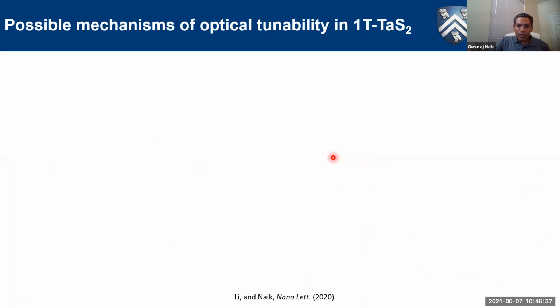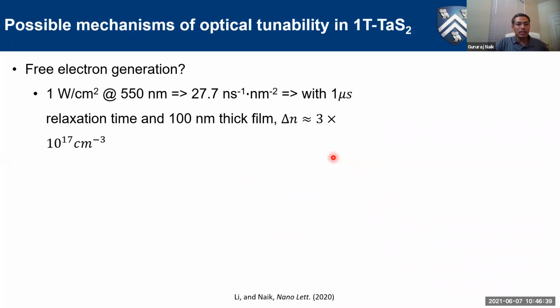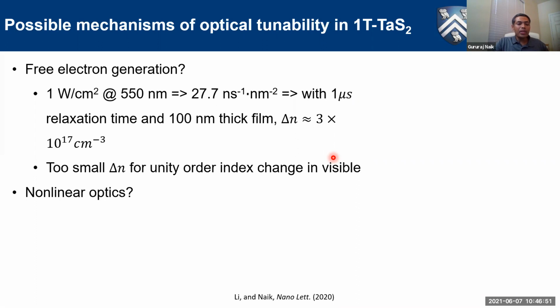Okay, so what we figured out in this process was that the mechanism of optical tunability cannot be free electron generation. We just have too low intensity with white light to cause so much change in index. And it cannot be nonlinear optics. We didn't see any higher harmonic generation, no Kerr effect or Pockels effect, nothing like that.